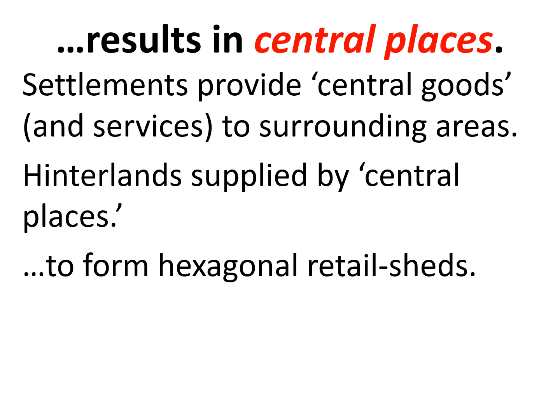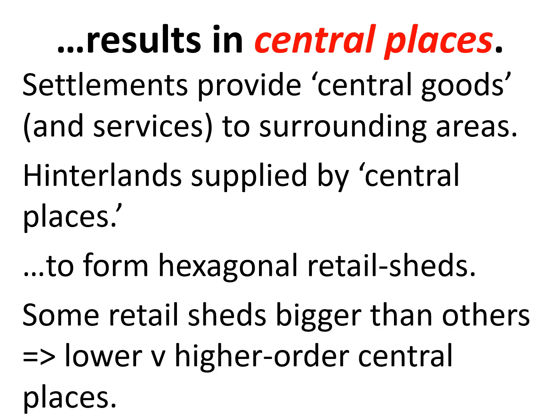Okay, so a hexagon is a six-sided shape. I'll show you some in a minute, and actually the very beginning slide had a whole bunch of hexagons on it, but we'll come back to why hexagonal retail sheds form in central place theory. Some of these retail sheds are going to be bigger than others, right?